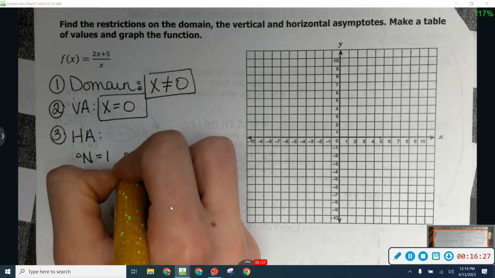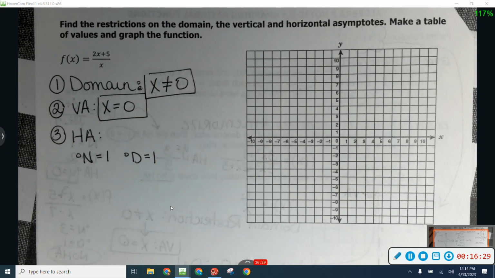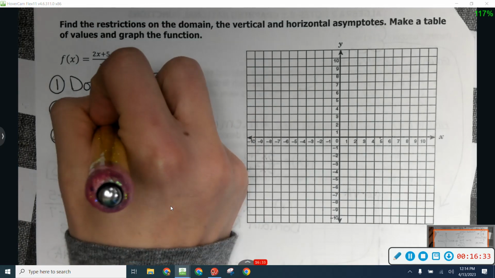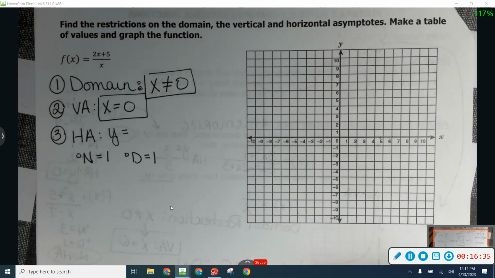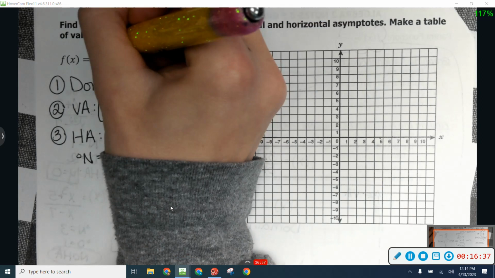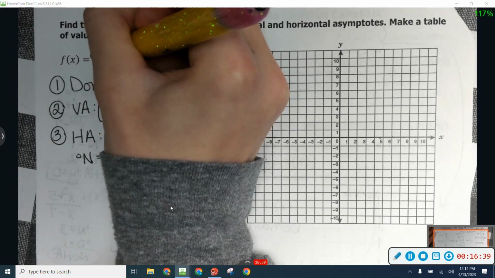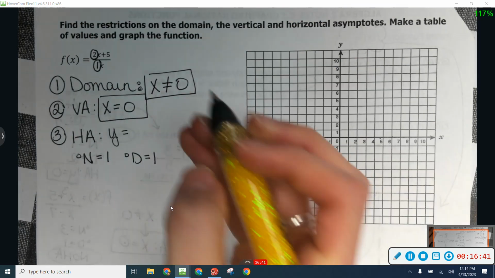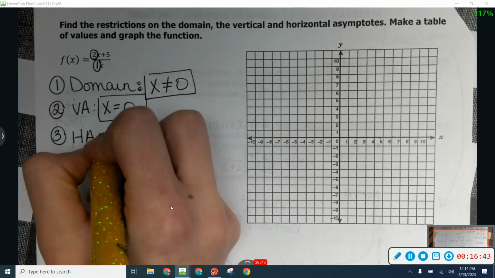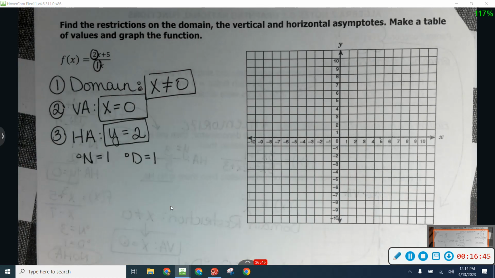The degree of my denominator is also 1. I have an x and I have an x. Okay? So I'm going to take the coefficient 2 over the coefficient 1. 2 over 1 is 2. So y equals 2 is my horizontal asymptote.